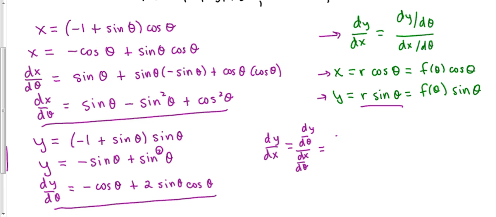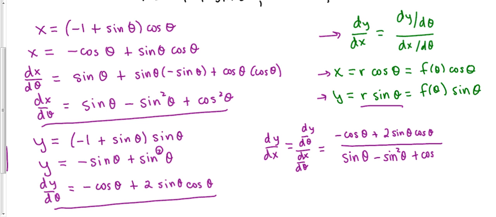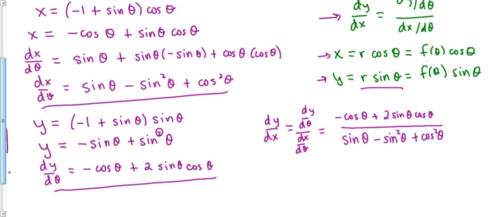So I'm going to have negative cosine theta plus 2 sine theta cosine theta, divided by sine theta minus sine squared theta plus cosine squared theta. And now I'm ready to look at my 2 points, which are theta equals 0 and theta equals pi.